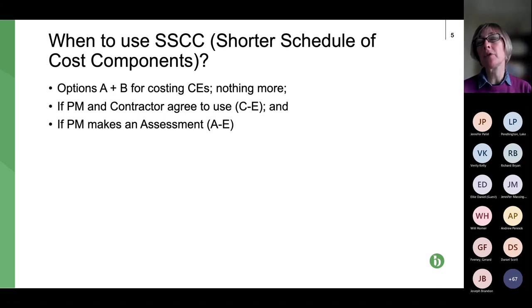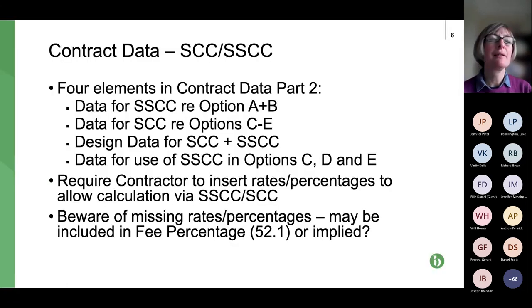Under NEC 4 now, if you're on options C, D or E, the only schedule available to you is the schedule of cost components, not the shorter schedule. Next slide, please. And we're going to come on later to explain how NEC 4 has changed in regard to the two schedules.